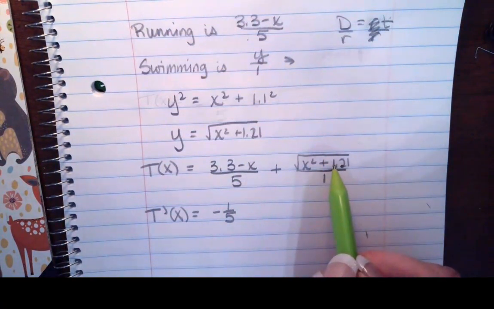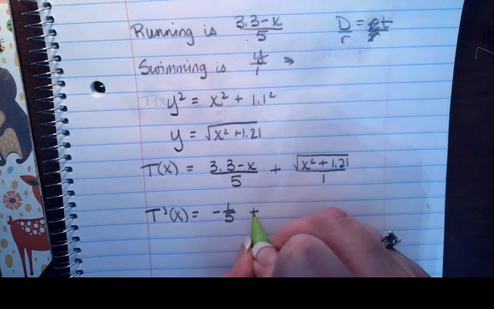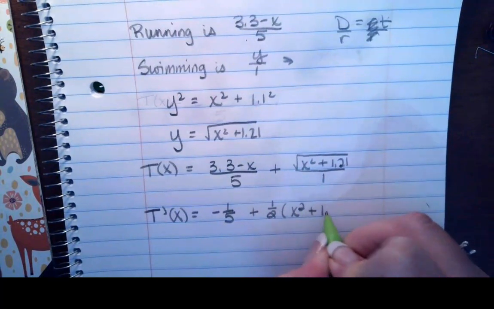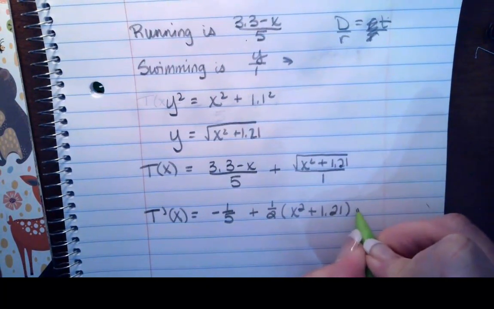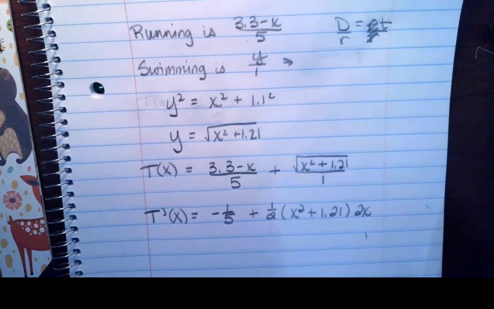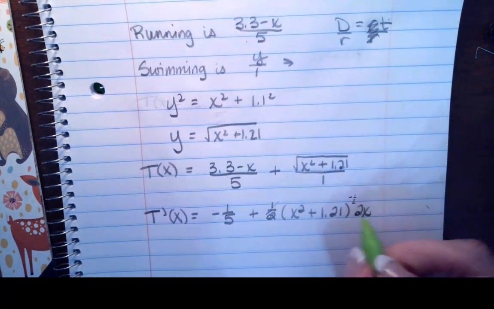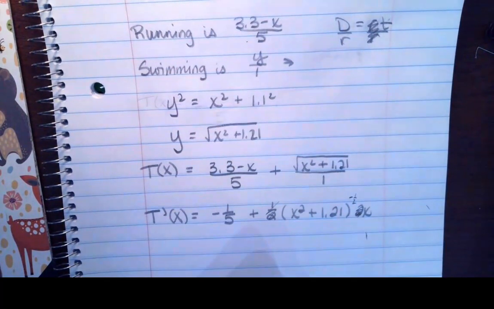Okay, this derivative, we don't care about the over 1 because it doesn't change anything. So that derivative is going to be 1/2 times x squared plus 1.21 to the negative 1/2, times the derivative of the inside, which is 2x. So this reduces.